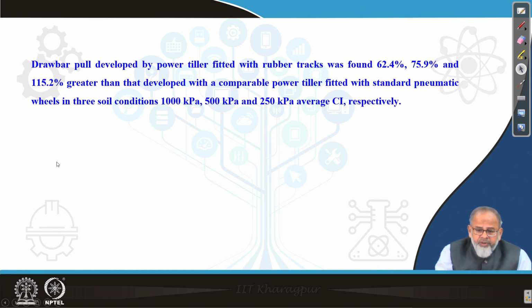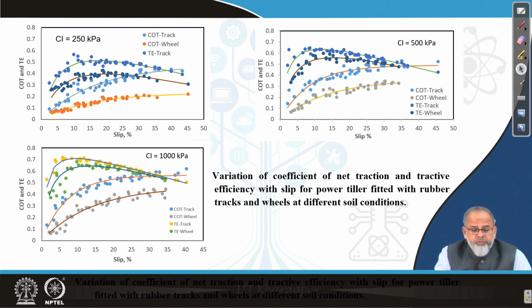So much gain was there. In case of soft soil, 250 kilopascal, we are getting a gain of 115.2%, more than 100%. Whereas in hard soil, we are only getting 62.4%. So softer the soil, better is the pulling ability for a track as compared to wheels.